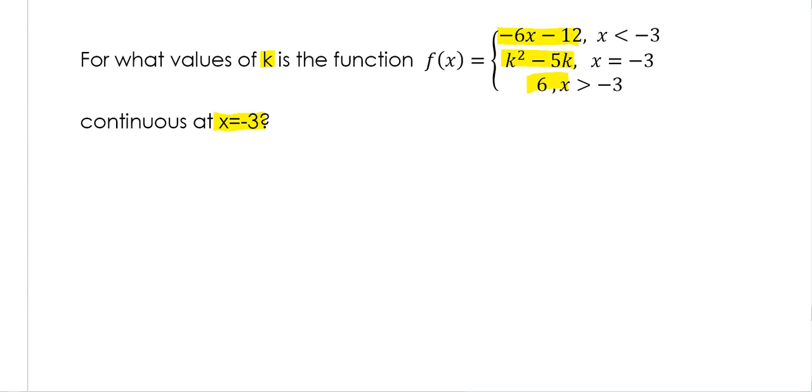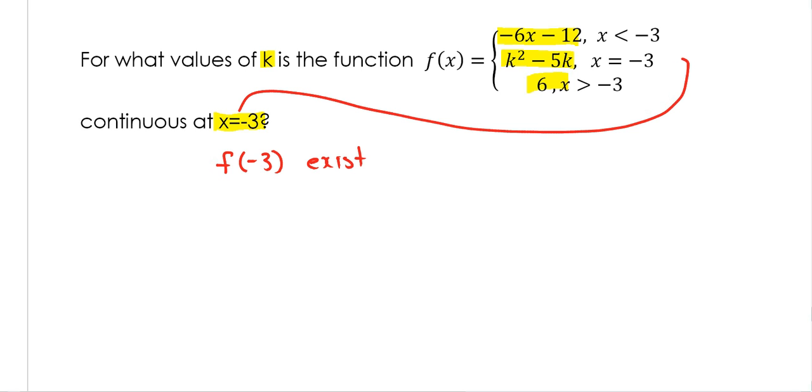How can we approach this question here? Well, if we follow the three-step definition of continuity, we need to show that f of -3 has to exist. Okay, so where on your piecewise function are we valid for x equals -3? Well, if I move this over here, it's definitely going to be that middle part right there.